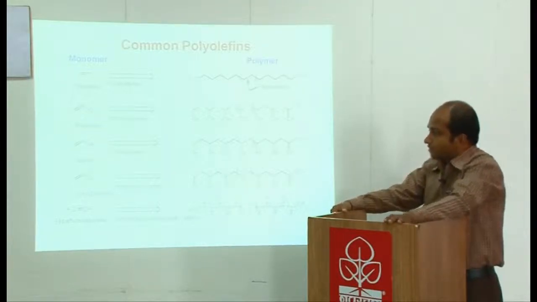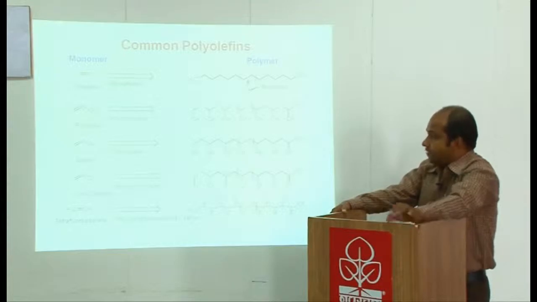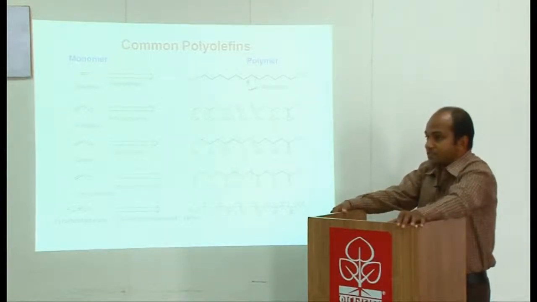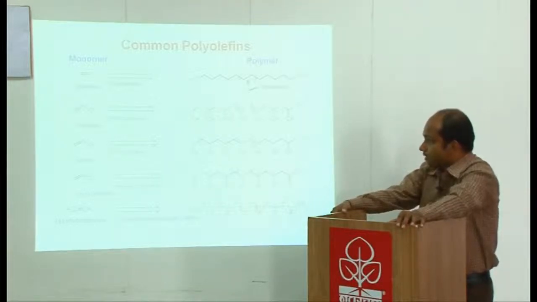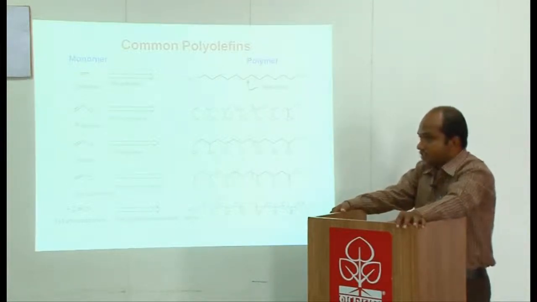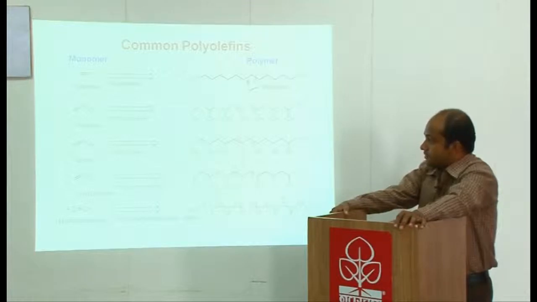If you have vinyl chloride as a monomer, you can have polyvinyl chloride, PVC, which is a common plastic, and even in this room you can see the PVC pipes used by the electricians. If you have tetrafluoroethylene, in the household, the non-stick cookware or utensils like a non-stick pan have a coating.